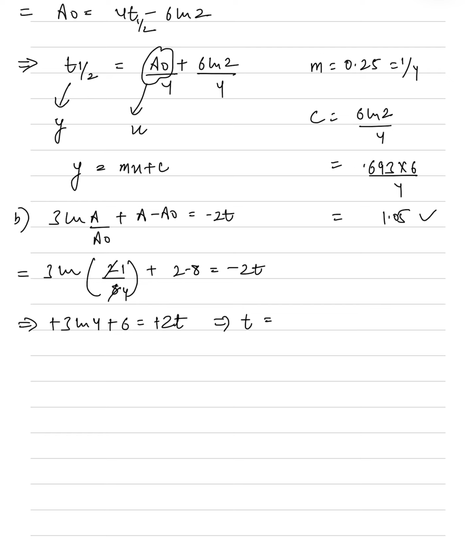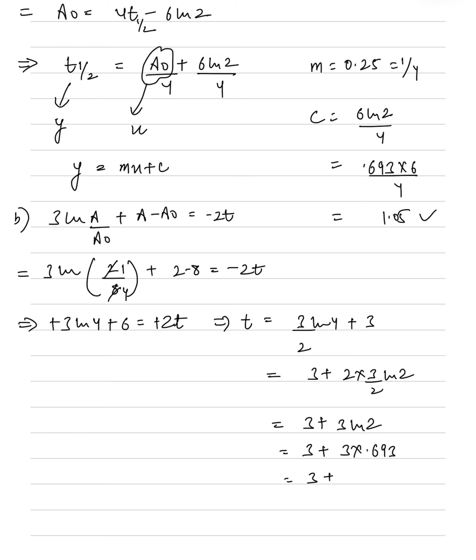So it will be (3/2) ln 4 + 3, right? So ln 4 is how much? 2 into (3/2) ln 2. We can write it like this. So 3 + 3 ln 2. So it will be equal to 3 + 3 into 0.693.